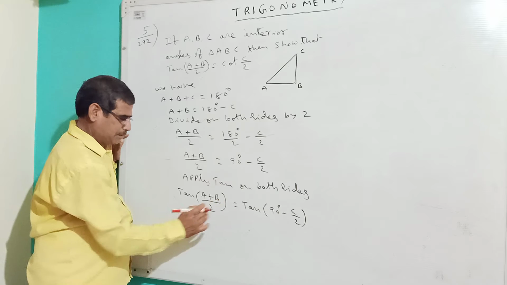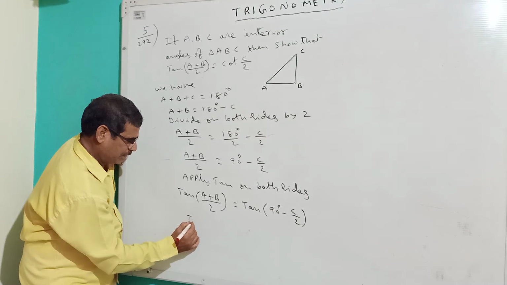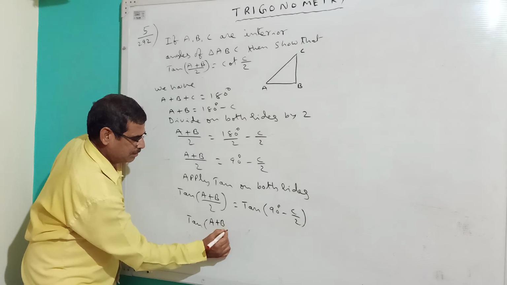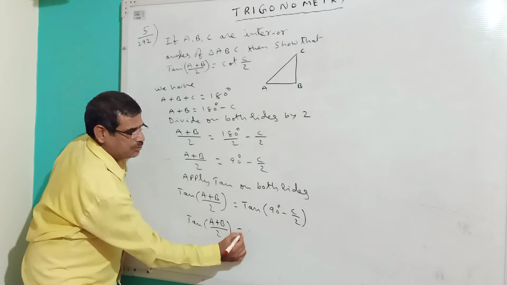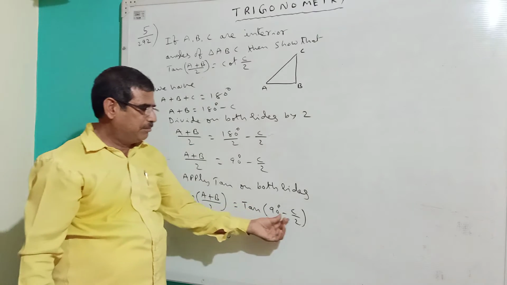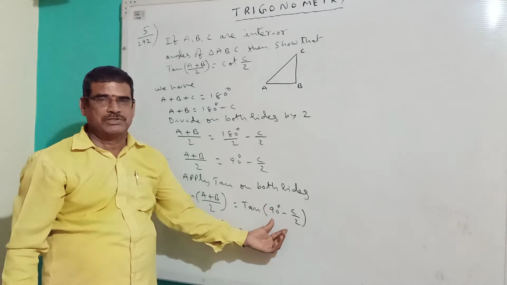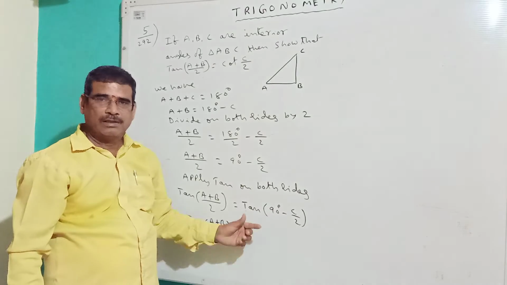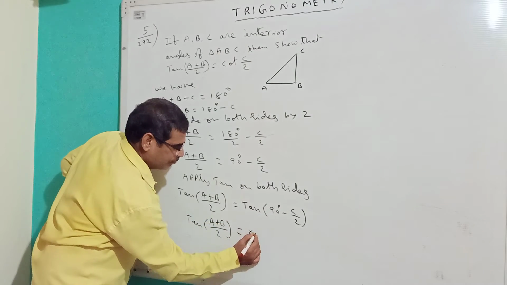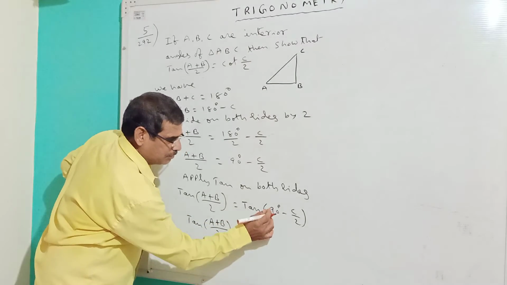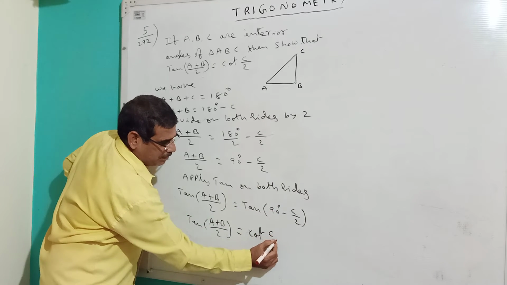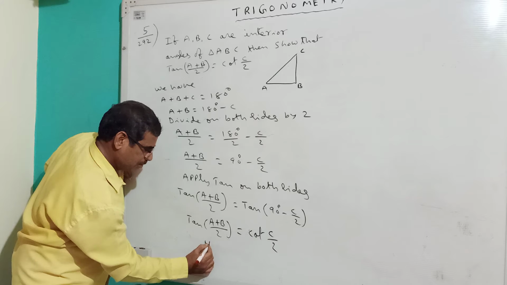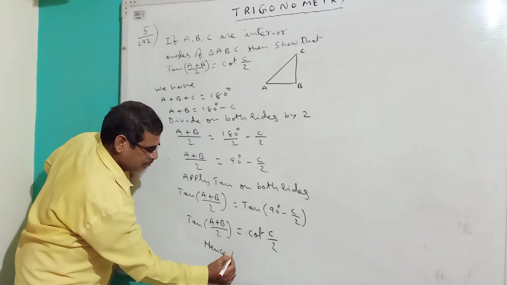Here, 90 minus means this is the first quadrant. In the first quadrant all are positive. Here 90 is there, so instead of tan, I will write cot. Forget about 90, cot C by 2. So that is the answer. Hence, proved.